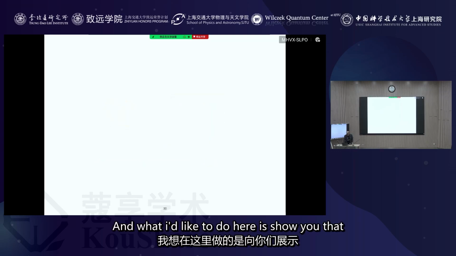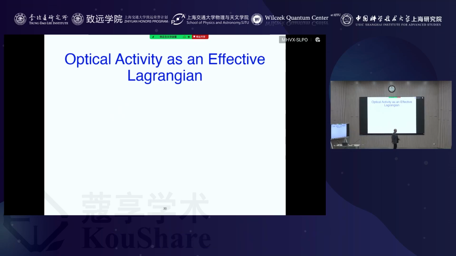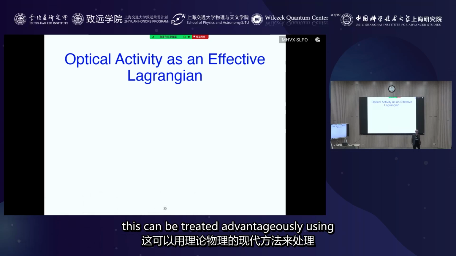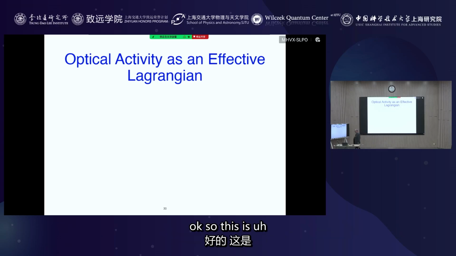And what I'd like to do here is show you that this can be treated advantageously using the modern methods of theoretical physics and effective Lagrangian.